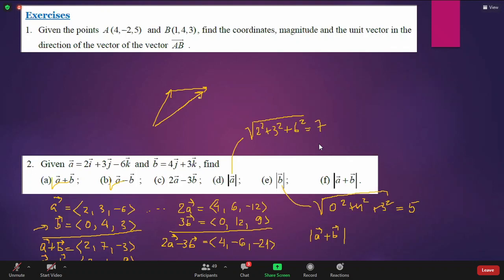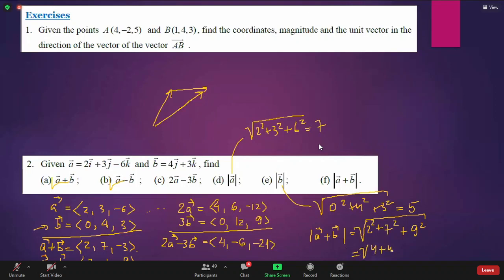So the magnitude is not the sum of both original magnitudes. We have to take the coordinates of vector A plus B. So it's 2 squared, 7 squared, and 9 squared. Anything else would be incorrect. You have to take the actual coordinates of the vector. You cannot add 7 and 5.